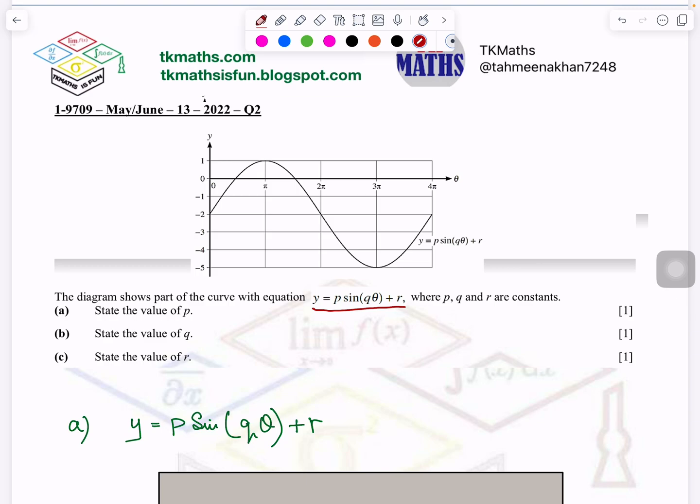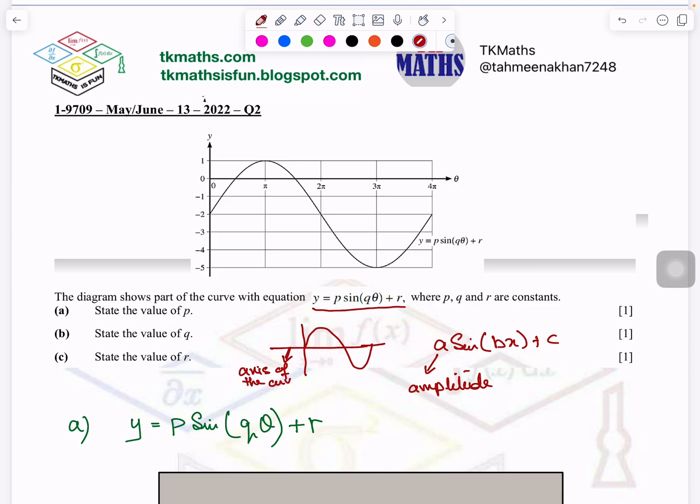When we have a general equation, a sine bx plus c, for example, or a cos bx plus c, you must remember a few things. This number here always gives you the amplitude. And what is amplitude? In the sketch of sine x, this line is called the axis of the curve, right?